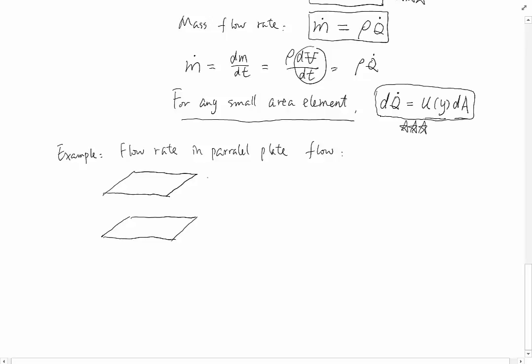Their separation is h, and the width of the plate, let's call that B, and the top plate is moving at a velocity of u0, and the bottom is fixed. So we'll have this kind of a velocity profile, and this velocity profile is the same for every location.